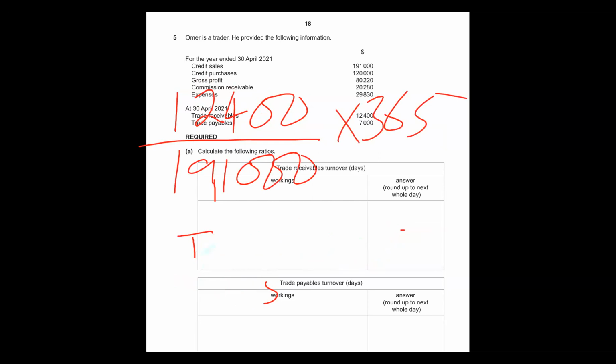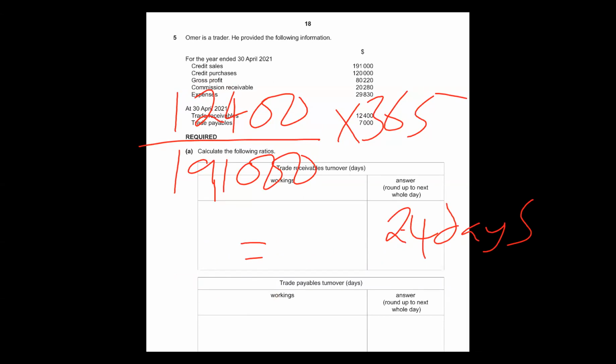When you do your computations, you should be able to get the days that can be rounded off to 24 days. Is that clear? So the 24 days for Omar, and that is for the trade receivables.